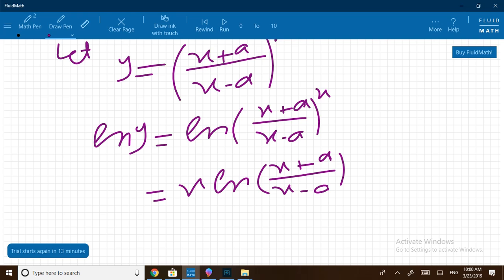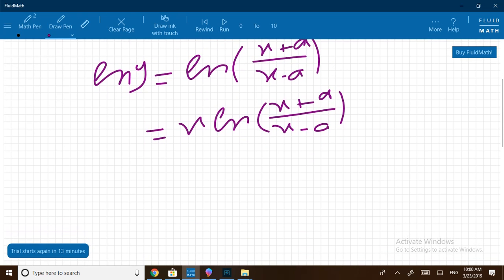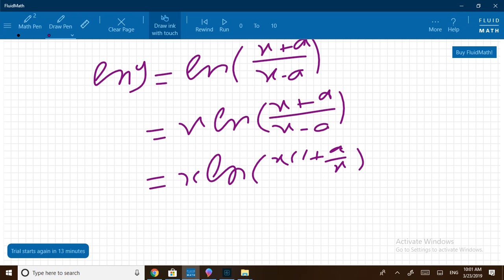Okay, so now I can take common. This is equal to x natural log of, if I take x common, 1 plus a by x, and from the denominator again take x common, 1 minus a by x.